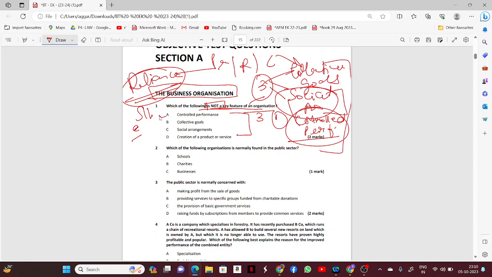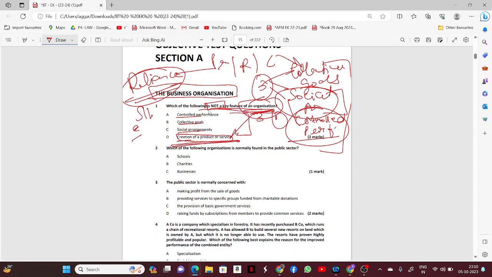Control performance is there, collective goals is there, social arrangement is there, creation of a product or a service. It is not always necessary that an organization will create a product or a service. There are many organizations that do not create a product or a service.